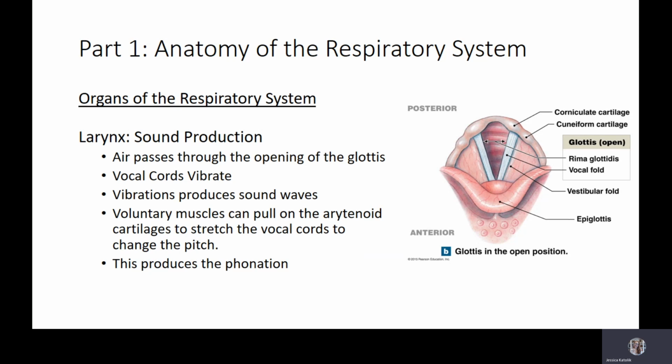I kind of liken it to playing the guitar. If you strum the strings of a guitar, you'll see that the guitar string will vibrate, and as it's vibrating, it's actually going to vibrate the air in kind of the same-ish frequency, and that will create the sound wave that we pick up.